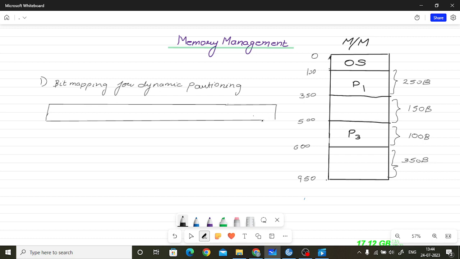In bit mapping, we divide our memory into small units, and these units are called allocation units.